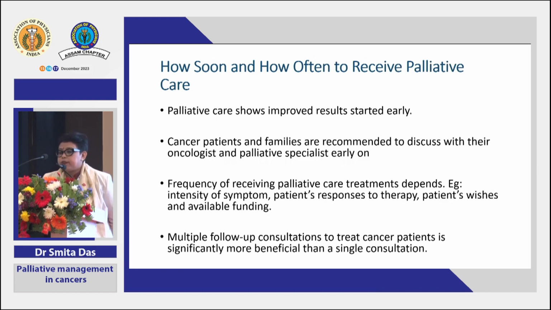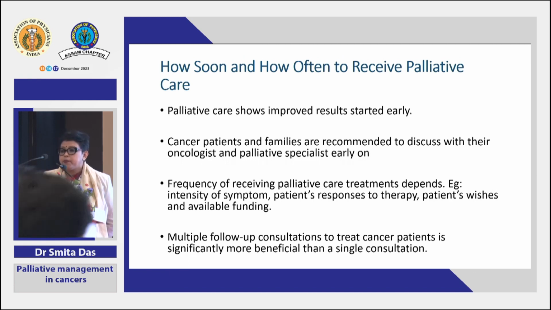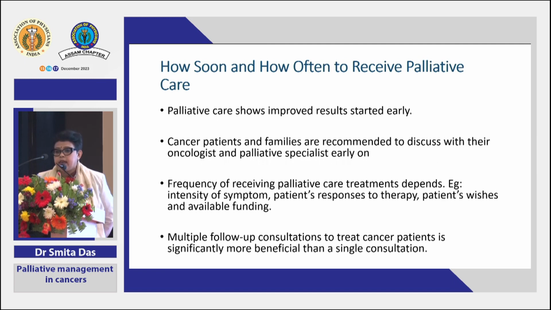Then the question arises how soon and how often to receive palliative care. It has been shown nowadays that palliative care gives improved results when it is started early. Cancer patients and families are recommended to discuss this with their oncologists. And the frequency of receiving palliative care also depends on the type of patient and their response.